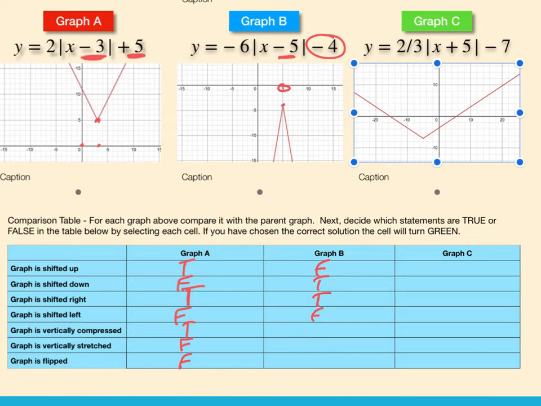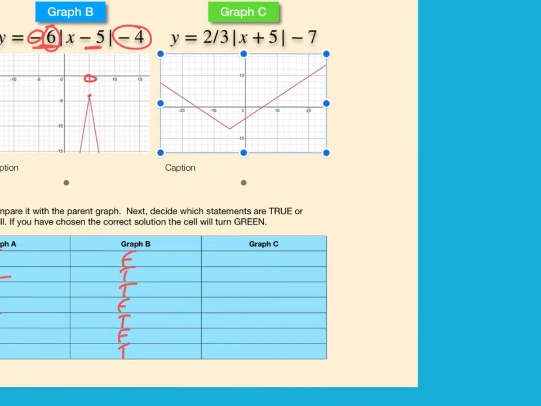Did we compress or stretch? We did compress. Why did we compress? Because it's a bigger whole number. Just the number again. Don't look at the sign out front. But the number is bigger than 1, just like this one was, which tells us to compress. Did we flip? Yep, we did. That's what the sign tells us to do. So if the negative's out there, we're flipping.